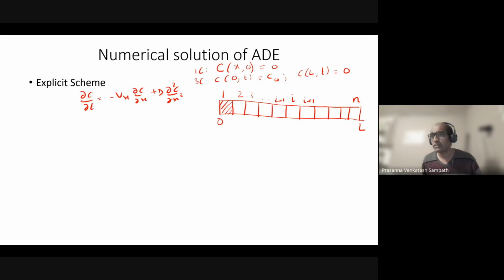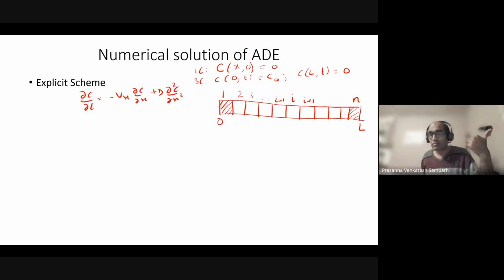This box represents x equal to L. Although I broke it up into n number of boxes, because I have boundary conditions where the concentration is specified, I know the concentration at box number 1 and at box number n. Which means the unknowns are box number 2, 3, 4, 5 up to n minus 1. So although there are n number of boxes, the number of unknowns is n minus 2, because at box number 1 and box number n, the concentration is already known.